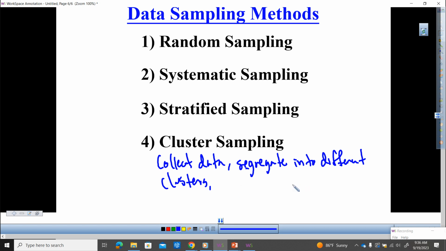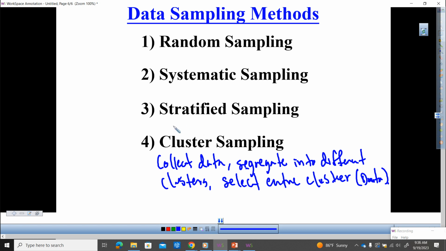What do we write at the end? What is key at the end for cluster? Select the entire cluster, right? Select entire cluster or data from cluster. Okay, so one of the clusters, select the entire cluster.